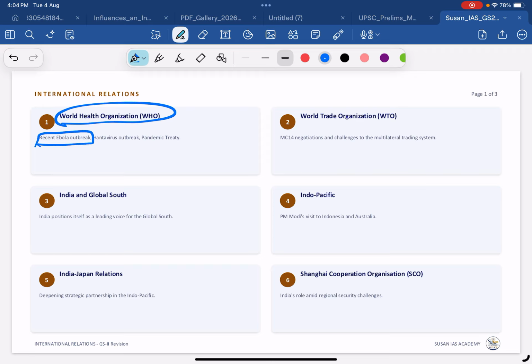So for the WTO, prepare principles, dispute settlement, agriculture and food.